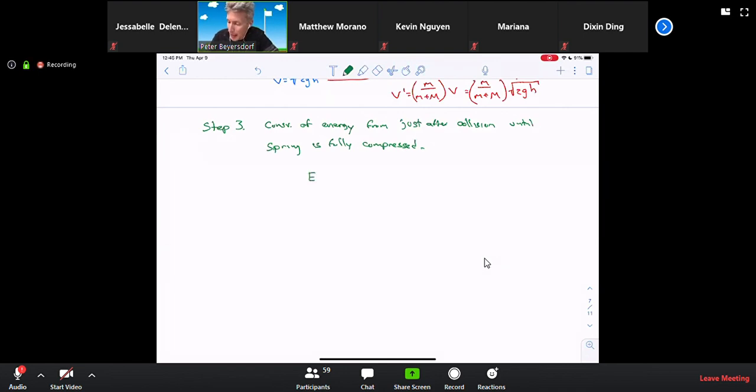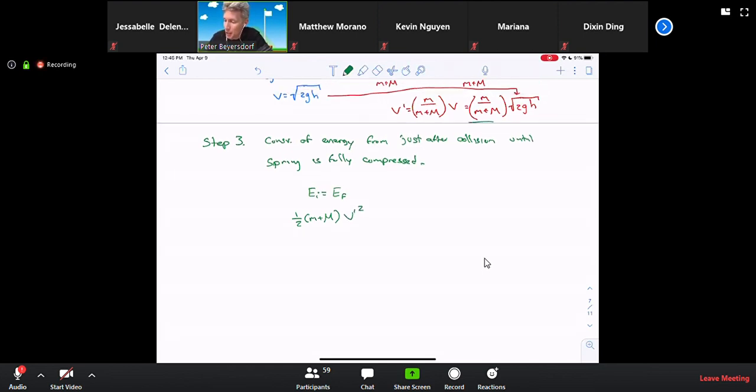So again, we have a closed system. There's no work being done by friction or other non-conservative forces changing the energy. So just whatever initial energy I start with is going to be the energy that I end with. But initially, that energy is all kinetic. So I have the blocks moving together, so I consider their total mass, moving at some speed that I was calling v prime, and I have an expression for that I will plug in a moment.